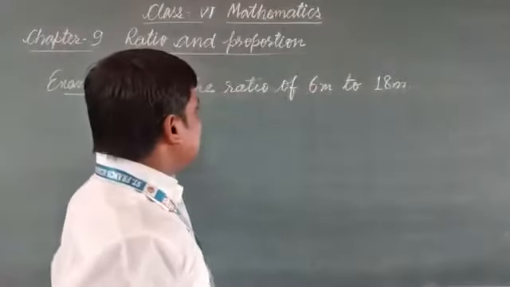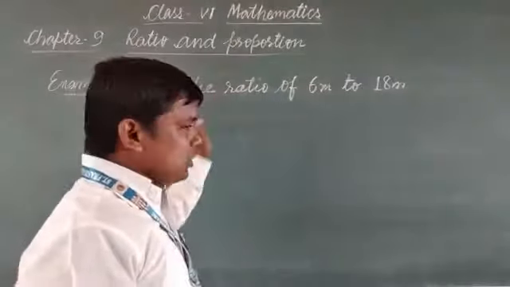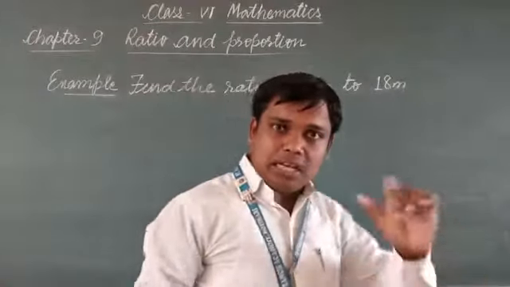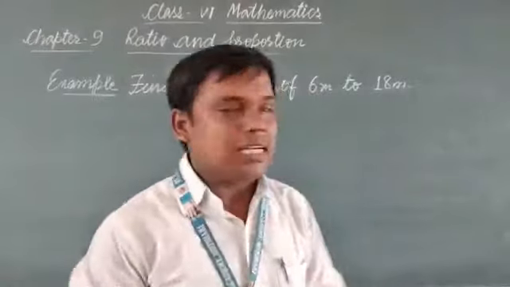If the question says find the ratio of first to second, we have to write the first quantity as the numerator and the second quantity as the denominator.